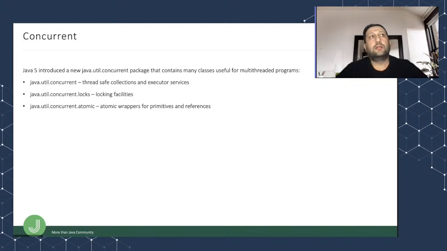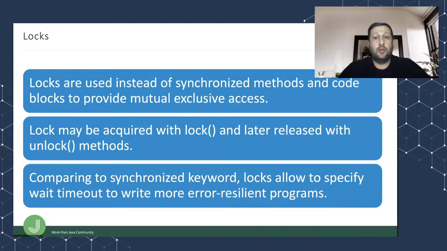By using these utilities we can reduce programming effort, and also achieve more understandable and more maintainable code. In conclusion, we have a very convenient way of working with threads in Java. Let's move on.